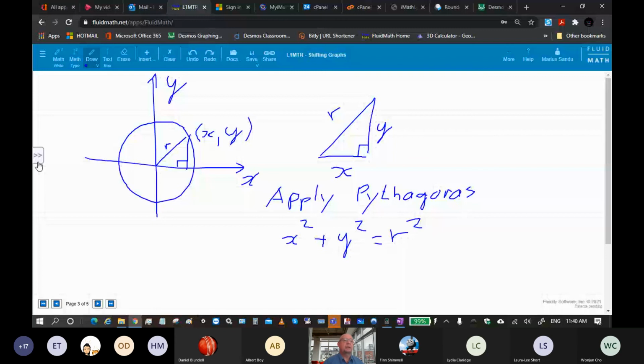What do you guys think is going to happen if I subtract 1 from x? Anyone? Which way is it going to move? If I subtract 1, which way is the center of the circle going to move?